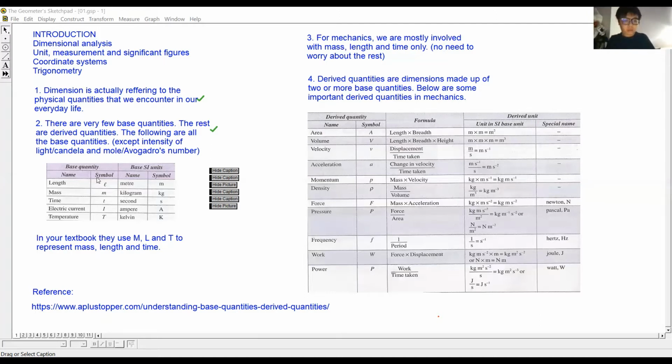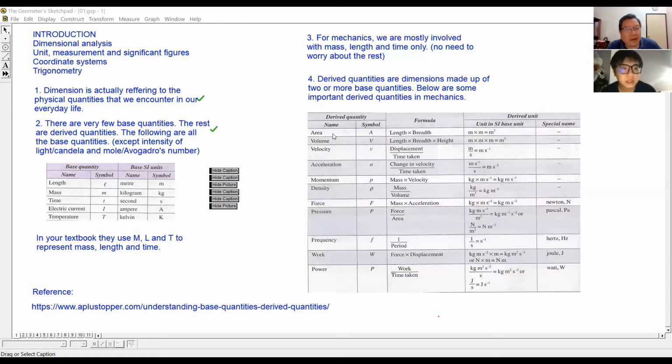Now, other quantities, they are called derived quantity. So this derived quantity, they are a combination of several base quantities. Right? So the base quantities, they are building blocks. So far, any question?